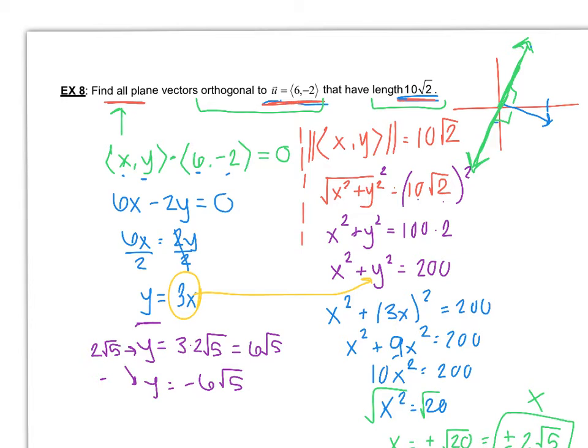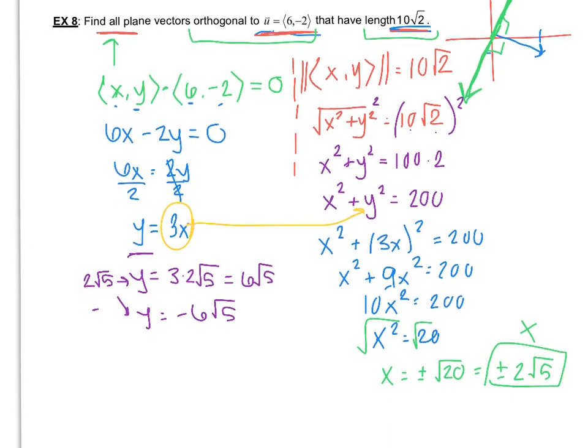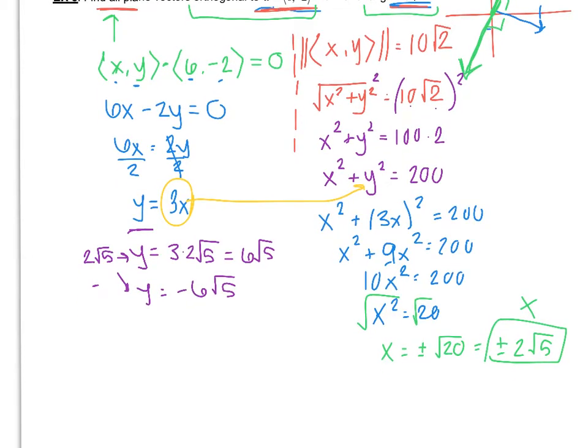So our final solutions are 2 root 5, comma 6 root 5, and negative 2 root 5, negative 6 root 5.